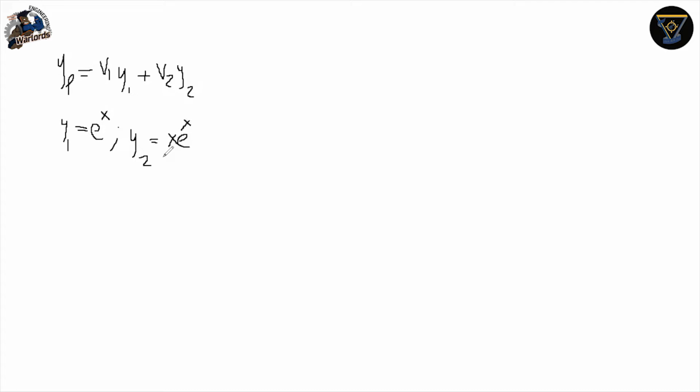Good? So what we need to find now is that we already have Y1 and we already have Y2, right? But what is missing? We need V1 and V2. So the formula for V1 is equals to minus the integral of Y2 f of x over a naught, divided by the Wronskian value, right?